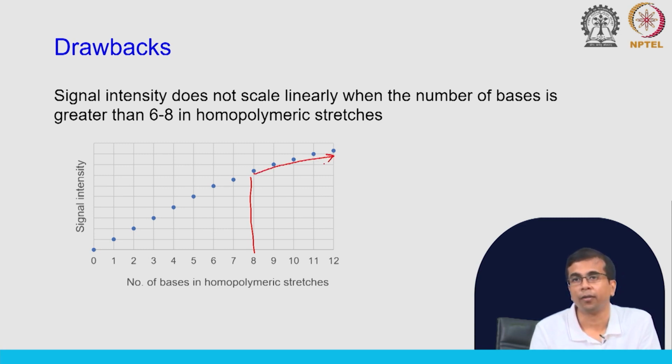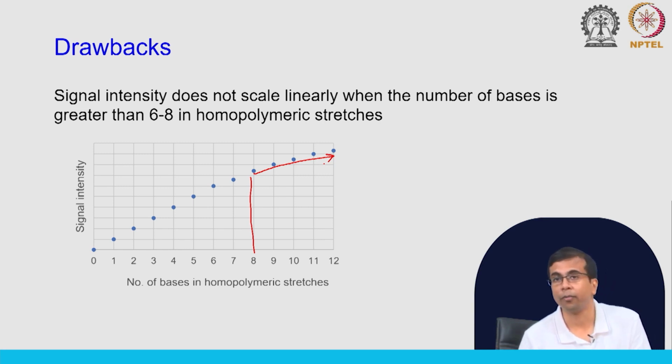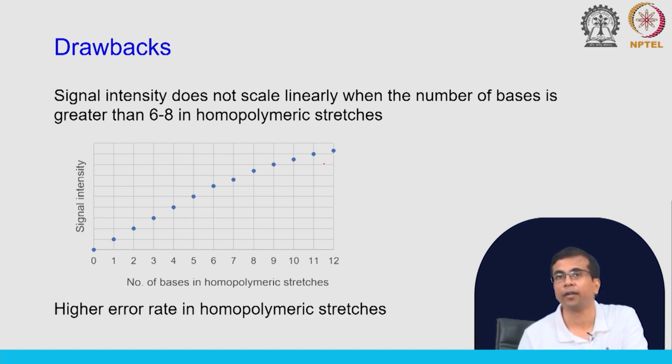So, as you go beyond these 12 bases, what you will see is that the sequencer will not be able to resolve this number of bases very accurately, right. So, whether it is 14, 15 or actually 18, these will not be resolved. So, you will start seeing a lot more sequencing error in these regions.